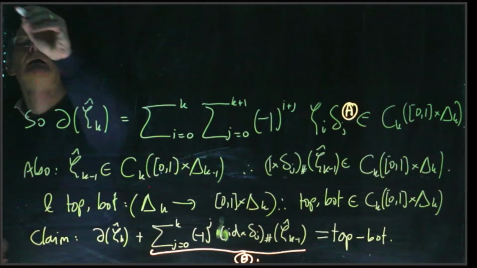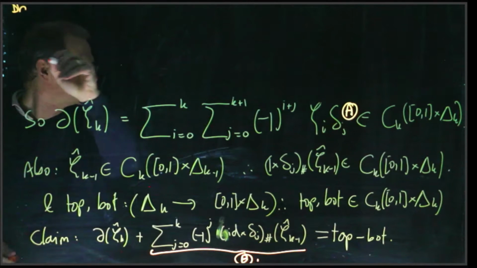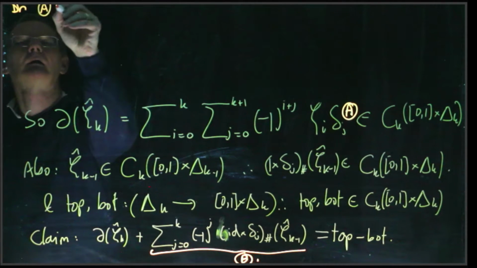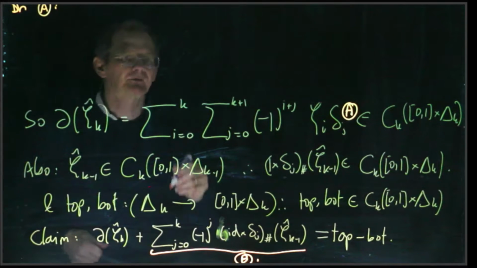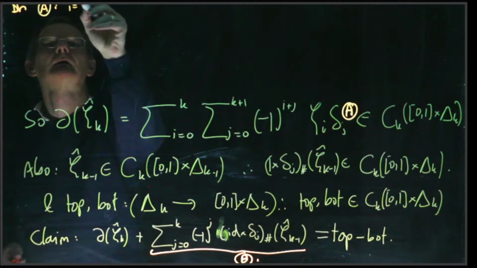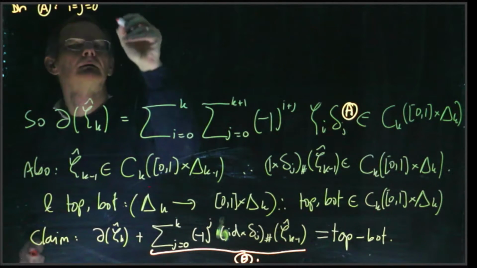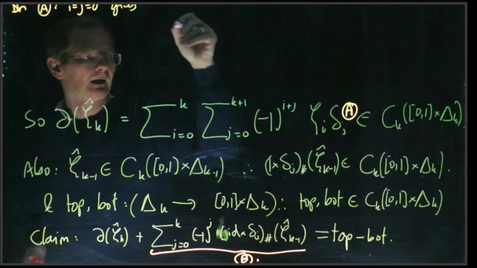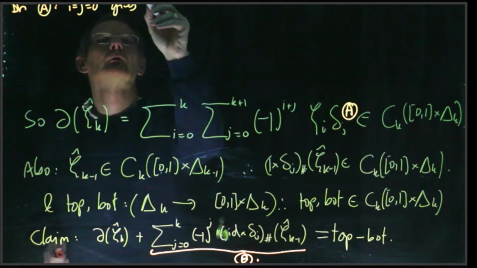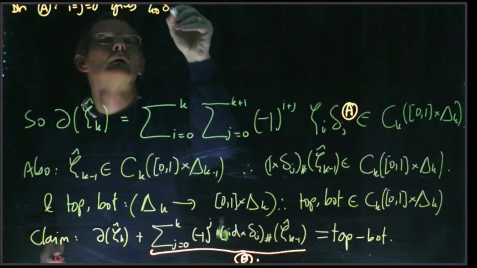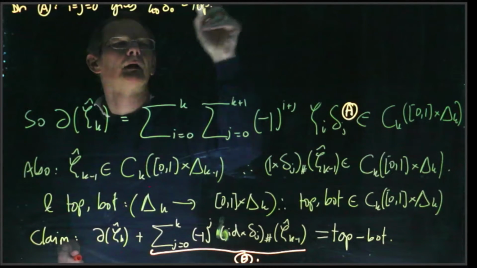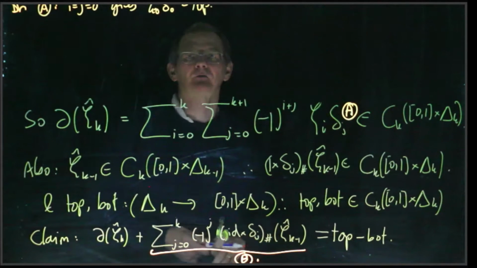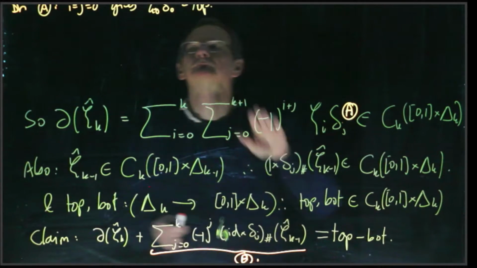So in A, well, the case i is j is 0 gives us zeta naught delta naught, and by what we said in the last video, that's just equal to the top.